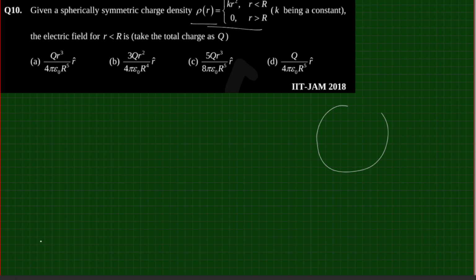So there is a spherical geometry of radius capital R, and inside, for r less than capital R, k r square equals rho r, and outside, for r greater than capital R, rho r is 0. We have to calculate the electric field for r less than capital R.